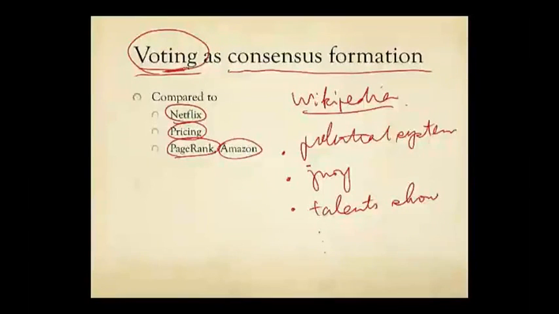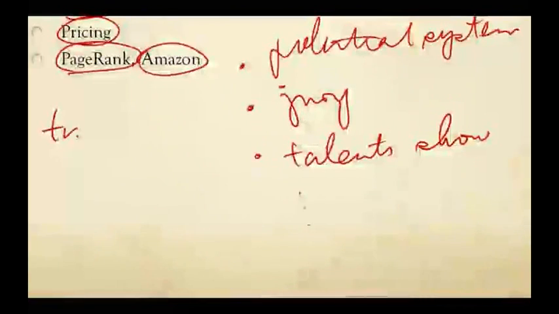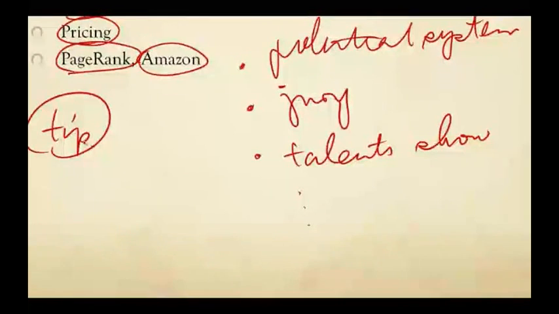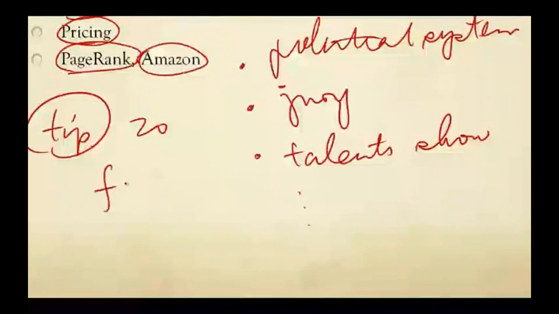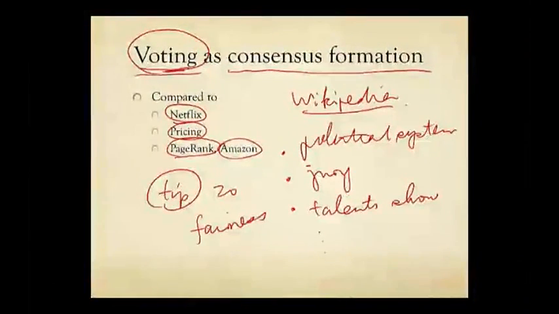Now, voting is so important that we will go through a tiny tip of this big iceberg in the next 30 minutes or so. And later in lecture 20, we'll also talk about fairness systematically.